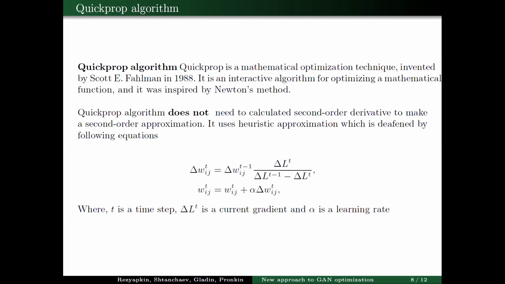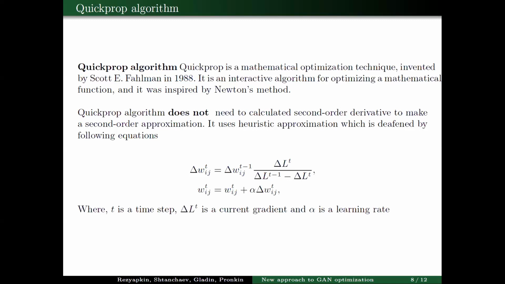Instead, it gives a heuristic approximation of the second order derivatives, which gives much more information about curvatures of loss functions. And thus, in theory, the convergence should be much faster.